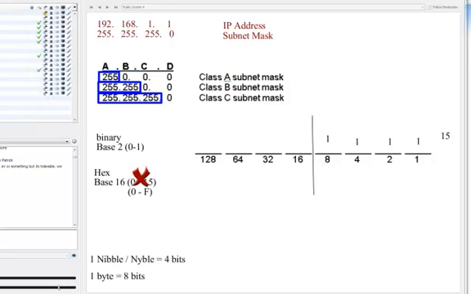I'm just looking for room to write this. Okay, so that's actually all I need, 0 through 15. So this is decimal here, and I'm going to write the corresponding hex.